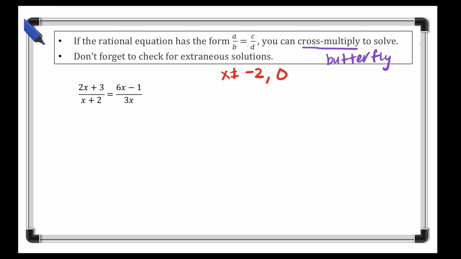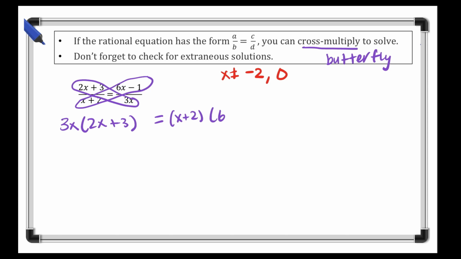We're going to do our butterfly. So we're going to multiply diagonally. So 3x times 2x plus 3 equals, multiply diagonally, you have x plus 2, and then 6x minus 1. So when we distribute here, you have 6x squared plus 9x.